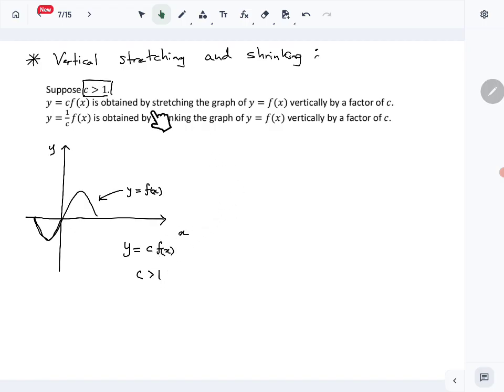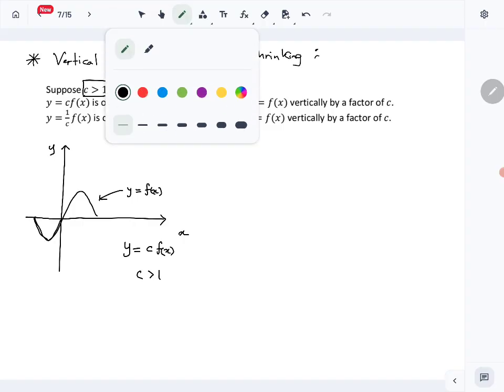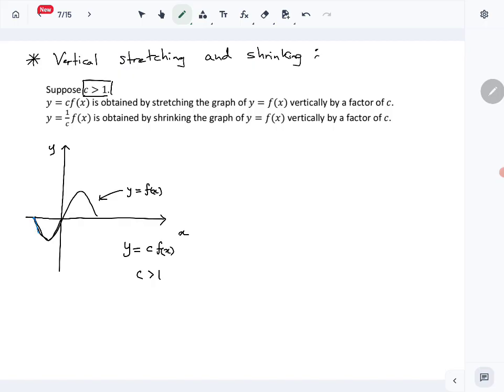So each y value is stretched by a factor of c. X values don't change, only the y values change. So you are going to stretch like this.